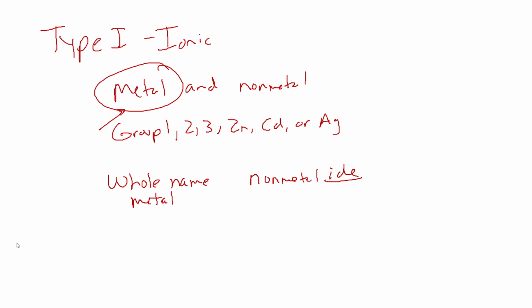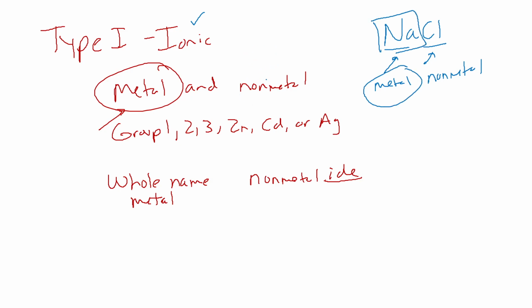So let's take a look at some of the ones we did a second ago to see how we put this in practice here. We had NaCl. So when I look at this, first thing I want to do is identify what I'm dealing with. So sodium metal, chlorine non-metal. What that first tells me is I'm dealing with an ionic compound. Whenever a metal is involved, as we've been talking about, that is what I want to look at.